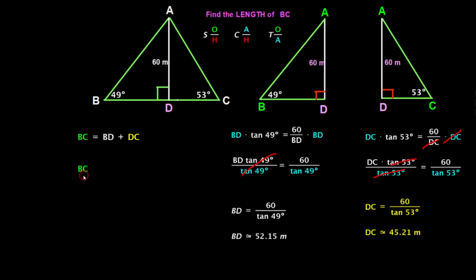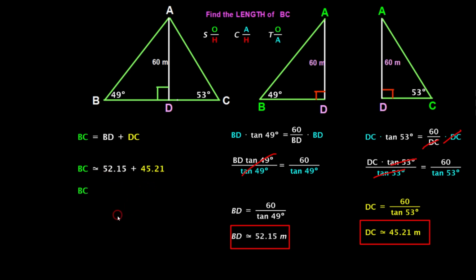Now we come back to the original plan. We got the value of BD from the left side triangle. We got the value of DC from the right side triangle. All we do is a simple addition of the value of BD, which is 52.15, and the value of DC, 45.21. This one we can do without the calculator.